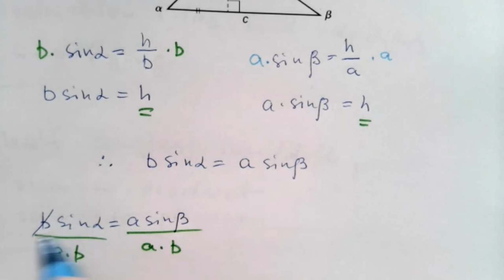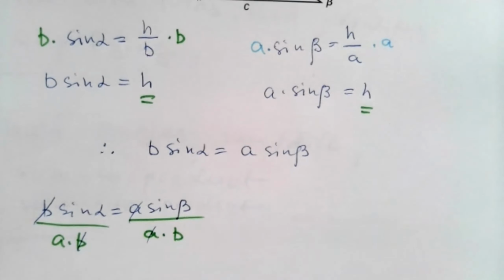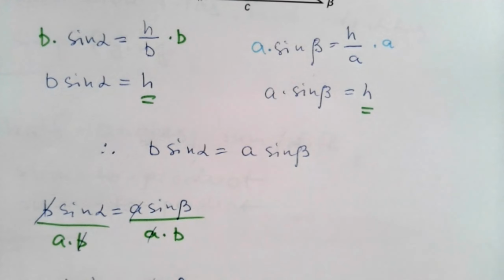The common factor b cancels out, and we can do the same thing on the other side, canceling out a. What do we have? We have sine alpha divided by a equals sine beta divided by b.